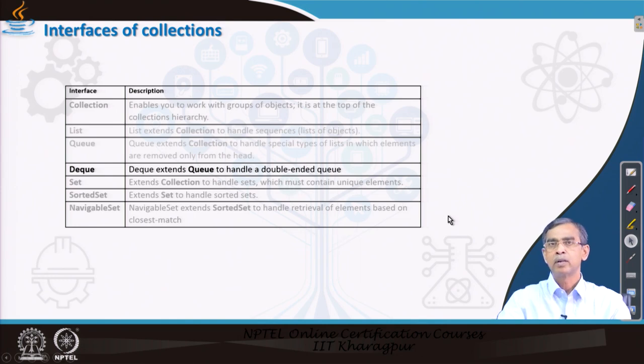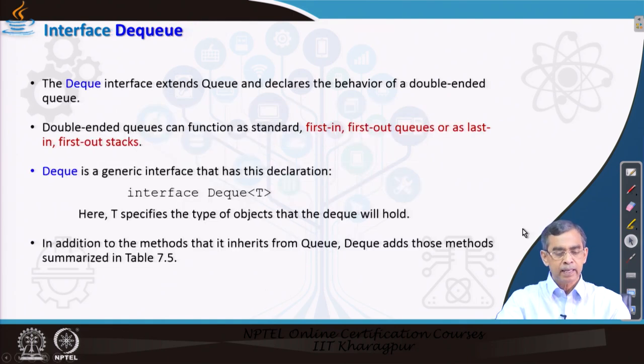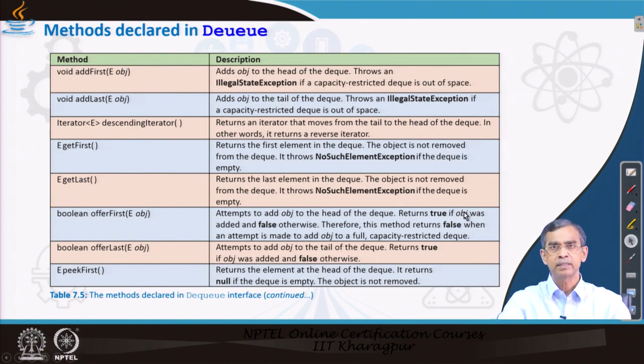So, this has more flexibility to perform insertion and deletion operations at both ends. Like a queue and other lists, they also allow you to store any type of collection. That is why it is a template, and there are many methods similar in name.